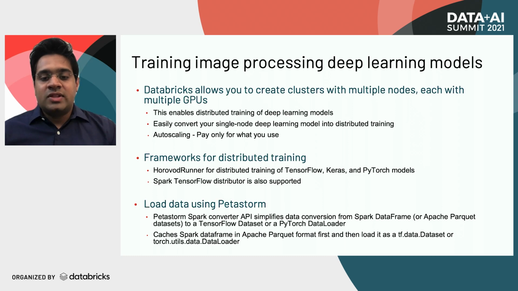So then you can feed that data into your deep learning framework without having to worry about the conversion from Spark or Parquet into your TensorFlow or PyTorch style dataset. Petastorm also caches the dataset in Apache Parquet format, and then loads it either into the TensorFlow dataset or into the Torch data loader format. So again, you can feed your Delta table into these distributed training frameworks.